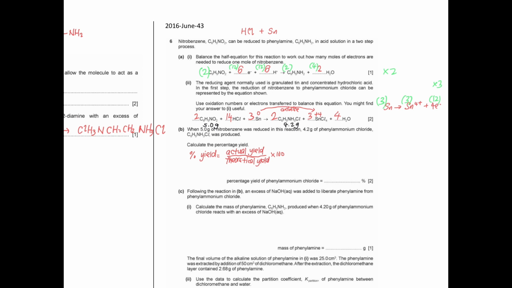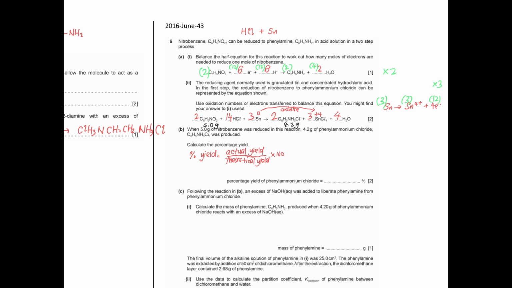Okay, so this is the formula. Percentage yield is actual yield times 100 divided by theoretical yield. Theoretical yield is the one that we get from the chemical equation. Actual yield is the one that you get from practical.